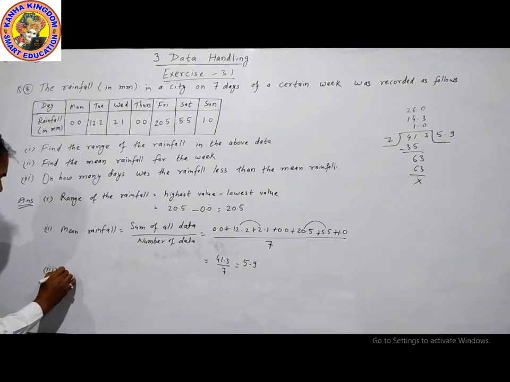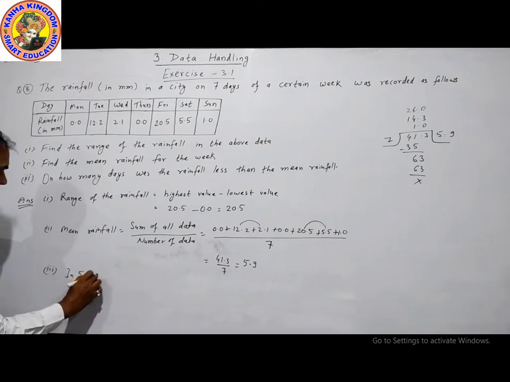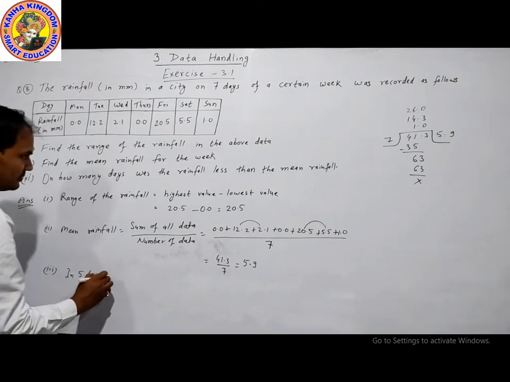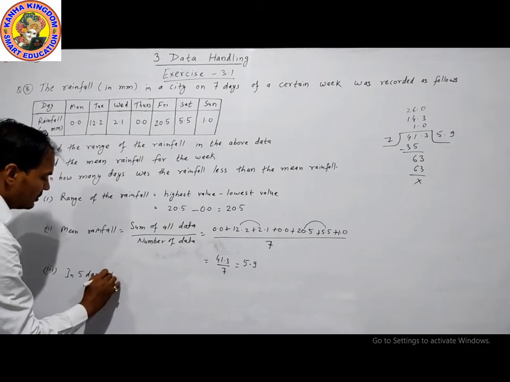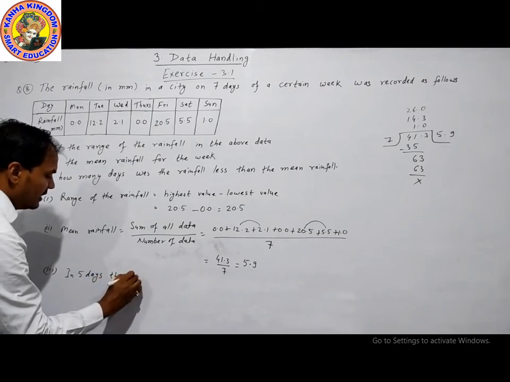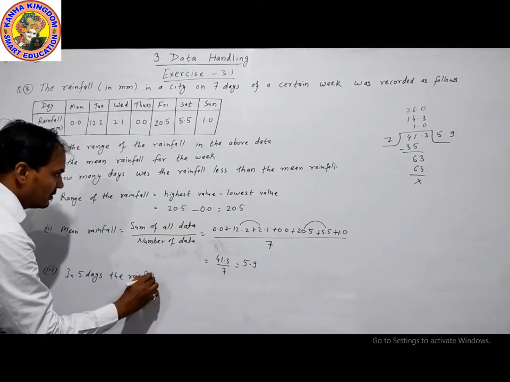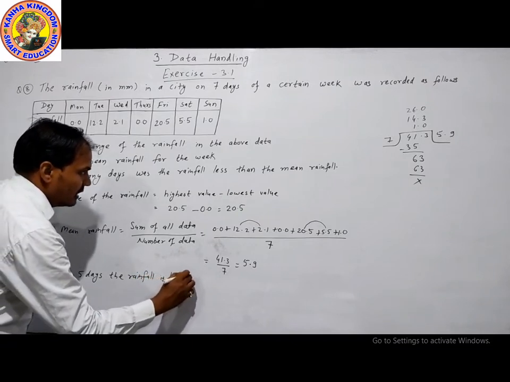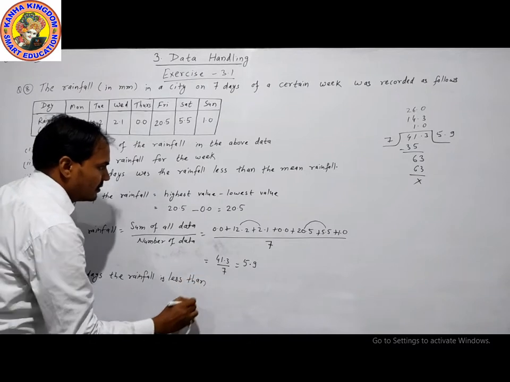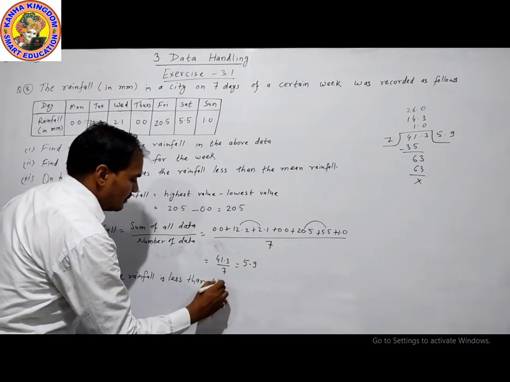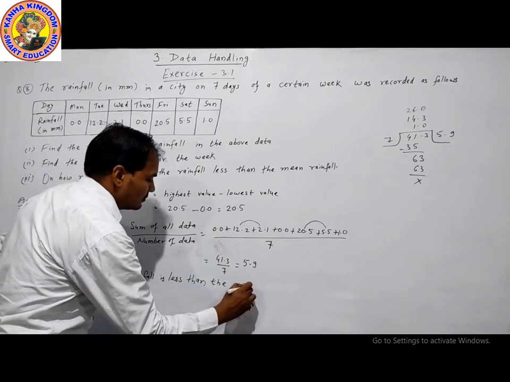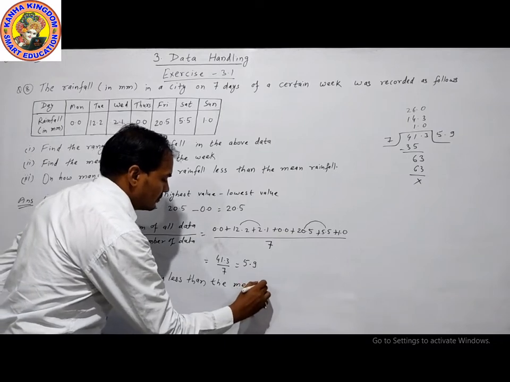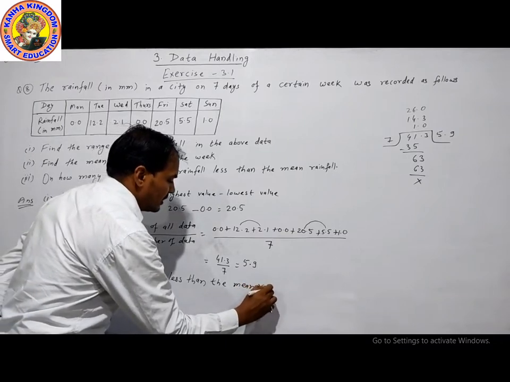In 5 days the rainfall is less than the mean value, the mean rainfall.